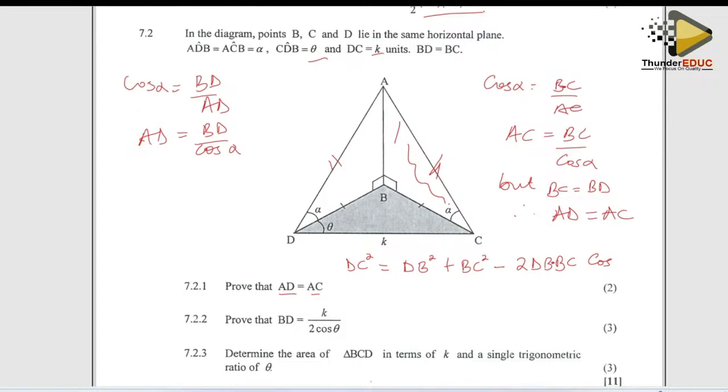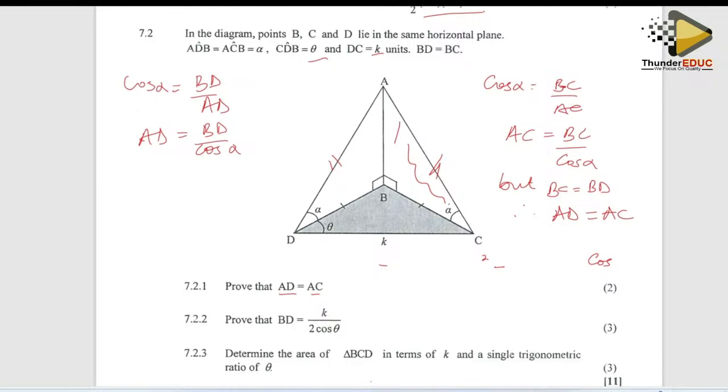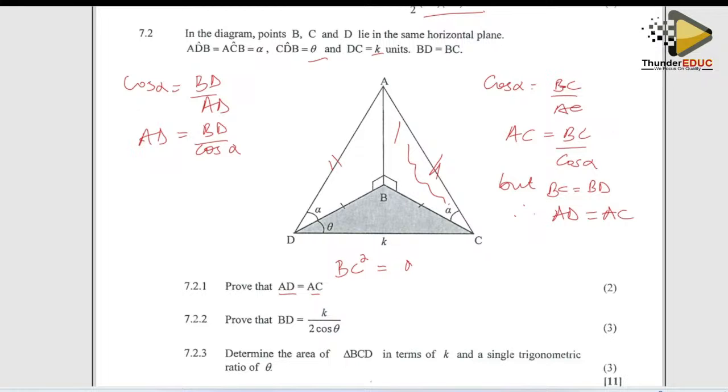Why am I going through that? That's going to give me issues because there is a cos theta. Let me start with the BC squared, which is equal to DB squared, let's say BC squared minus 2 DB times DC, and then the cos of that angle, which is theta.